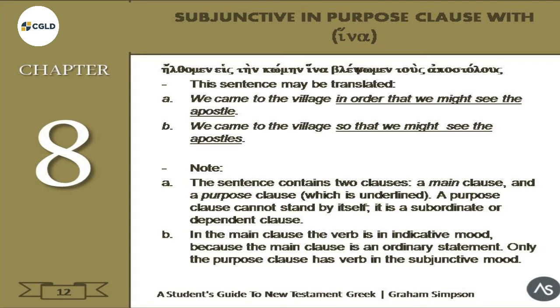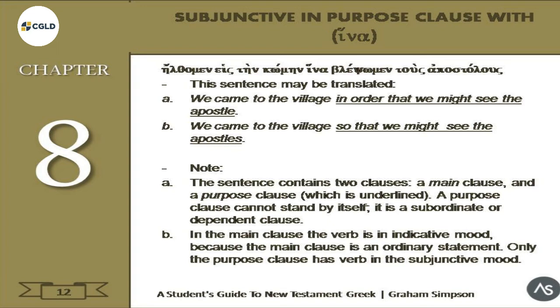Secondly, it can also be translated as we came to the village so that we might see the apostles. Now note, the sentence contains two clauses, a main clause and a purpose clause, which is underlined. A purpose clause cannot stand by itself. It is a subordinate or dependent clause.